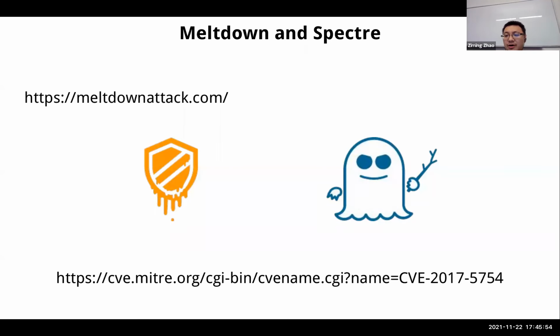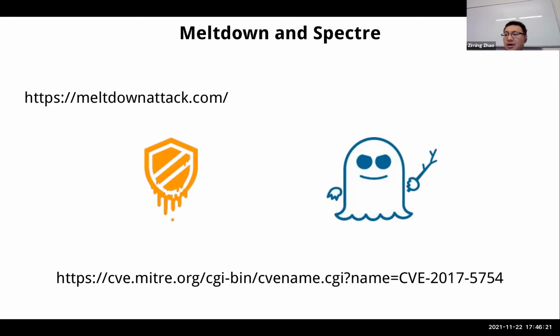Meltdown is a hardware vulnerability affecting CPUs from the x86 families, IBM Power processors, and also some ARM-based CPUs. And I believe luckily AMD CPUs are not affected by Meltdown and Spectre because they design things a little bit differently at that level.